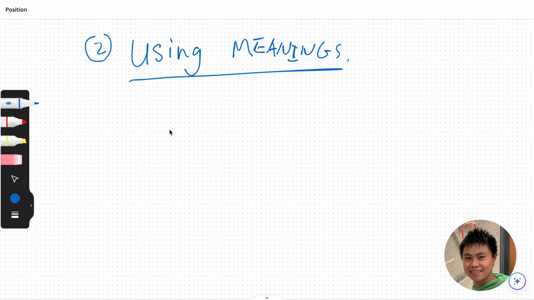So how is that using meanings? First, the first category would be combining the 1 and 2 together. Like for instance, how you remember this character. I'll tell you how it's pronounced. It means box. So how do you remember that?